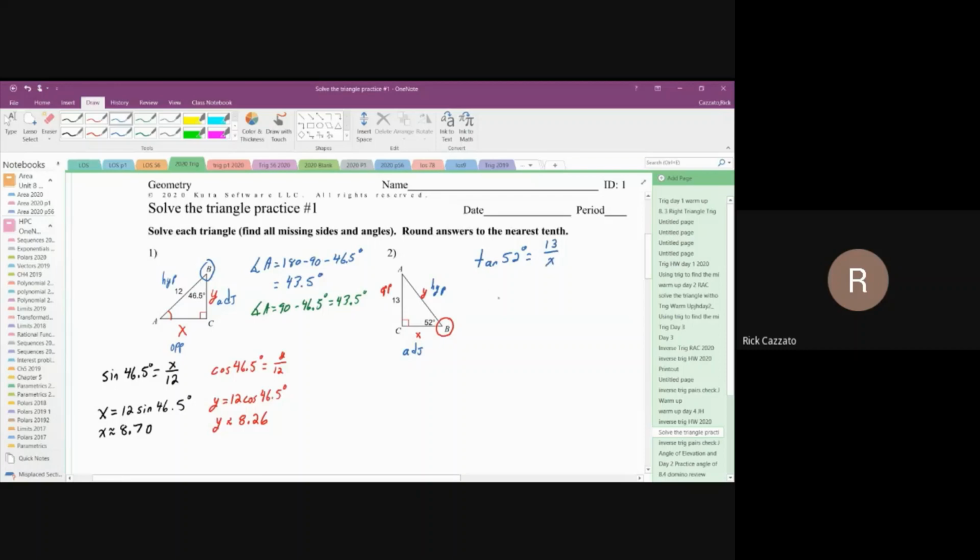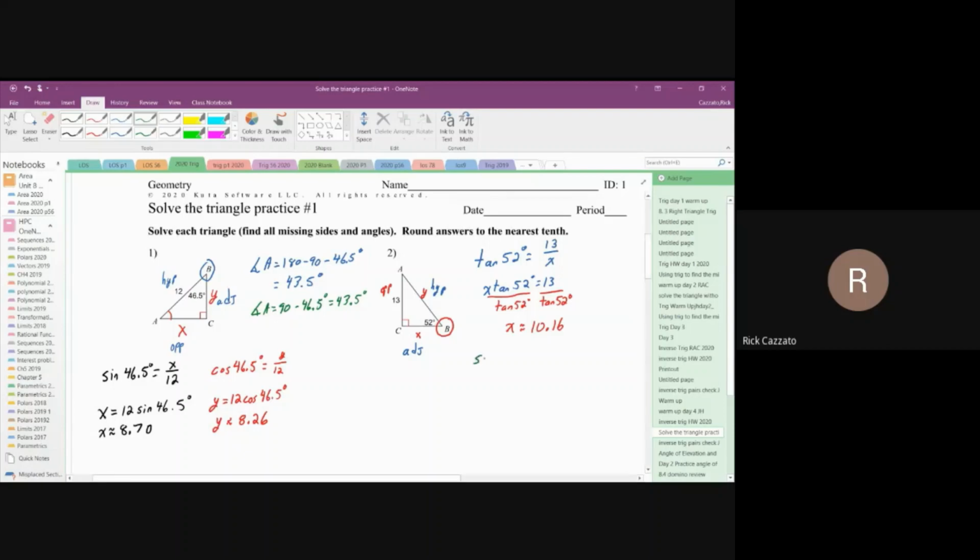Notice X is in the denominator this time, so the algebra is a little different. When I cross multiply, I get X tangent of 52 degrees is 13. And then I'm going to divide by the tangent of 52. Using my calculator, I get X is approximately 10.16. Now, I could use Pythagorean theorem if I wanted to find Y, but I'm going to continue with trigonometry.